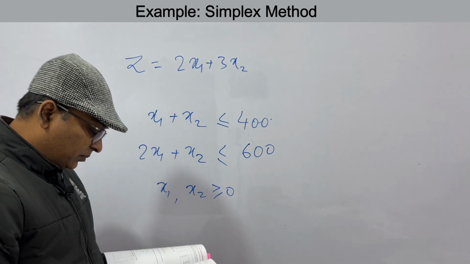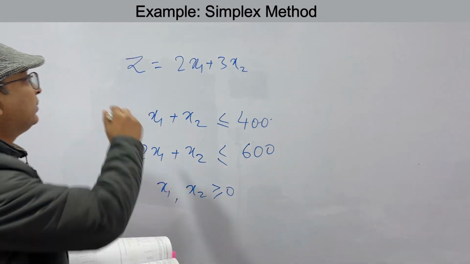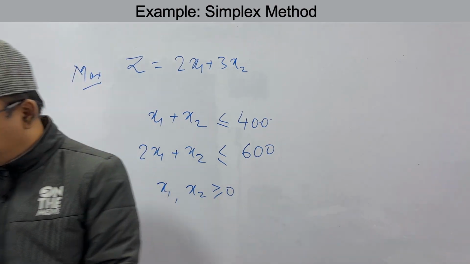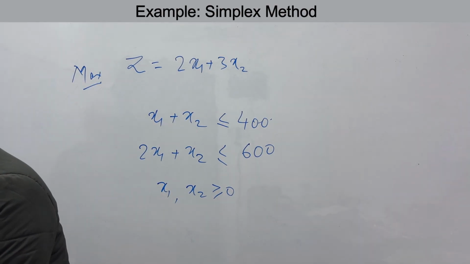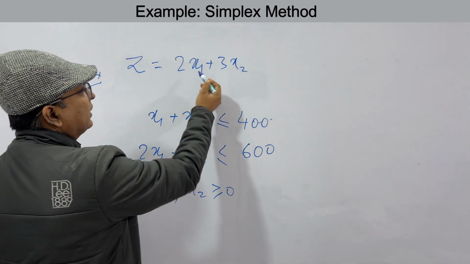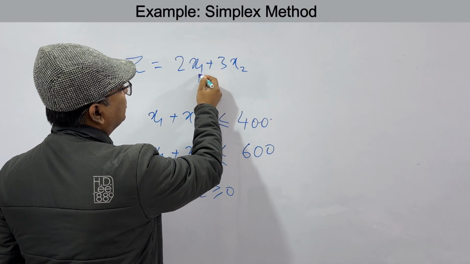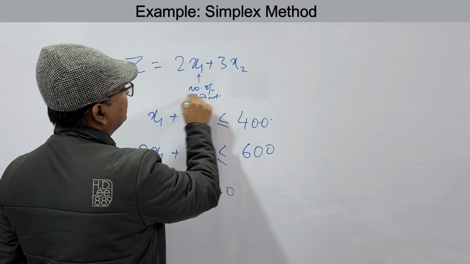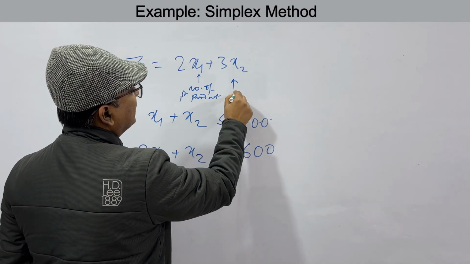We have to solve this by the Simplex method for maximizing. This is your objective function which you have to maximize. Again I am telling you, this is the number of the first product and this is the number of the second product.